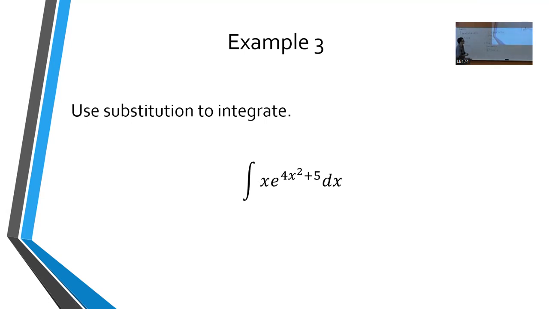Oh, sorry, didn't pull that down. Let's do another. So the first couple of examples, the inside function was inside some expression, and being raised to a power. In this one, we have x times e to a power.